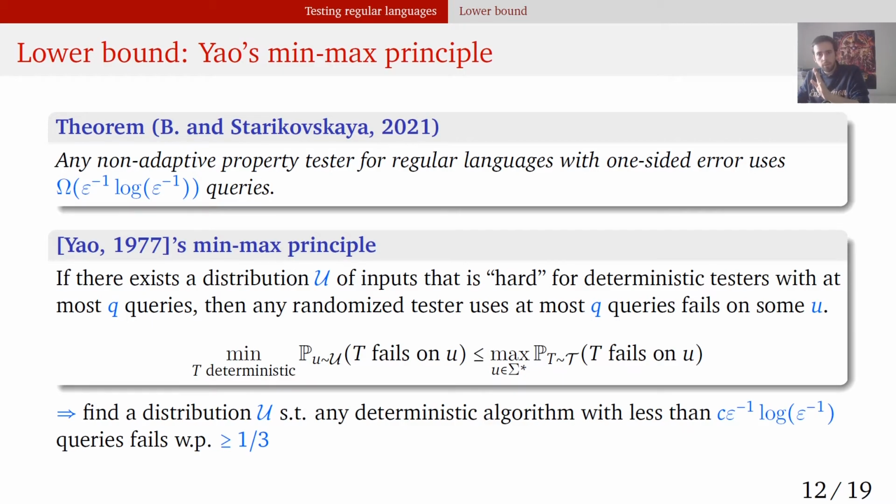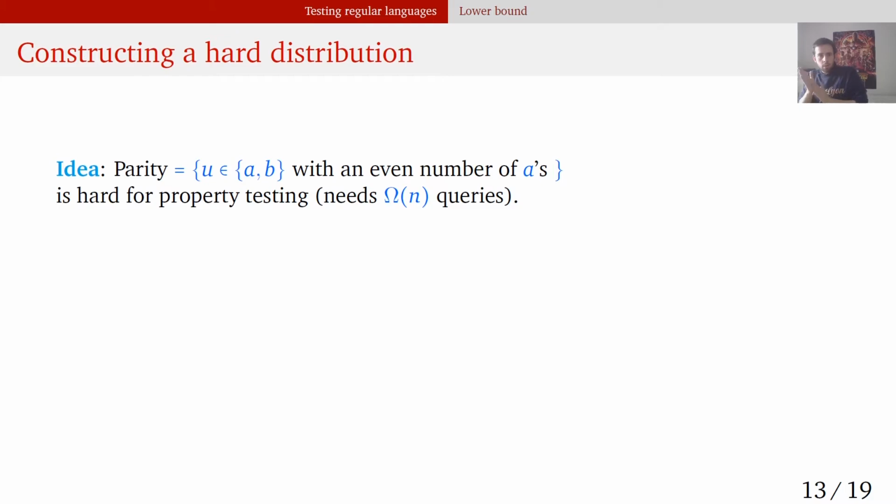I am now going to describe how we build such a distribution. So the first idea was that the language parity is hard for property testing. Parity is the language of words that have an even number of A. It's hard because even if you read all letters but 1, there's still a possibility that the number of A is even or odd.